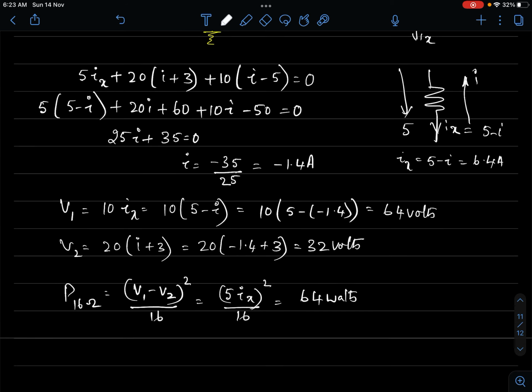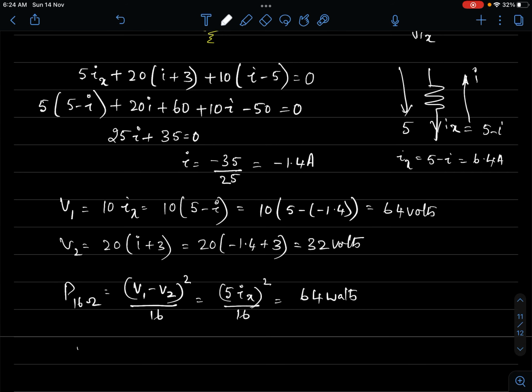Okay, and that completes the problem. What have we found? We found V1 to be 64 volt, V2 to be 32 volts, and power in 16 ohm is 64 watts.